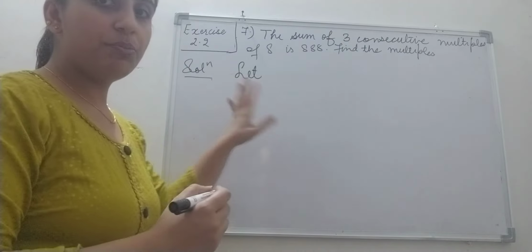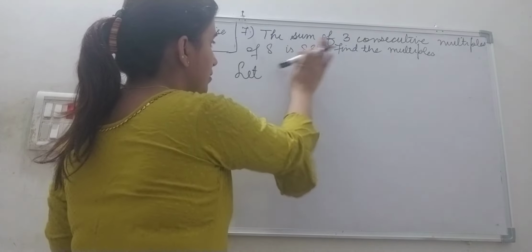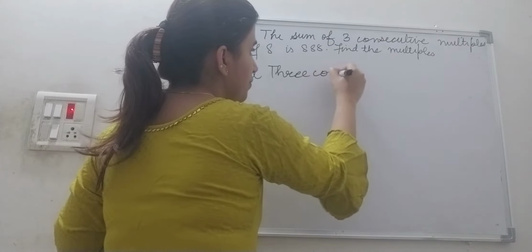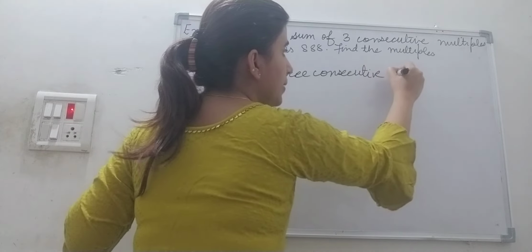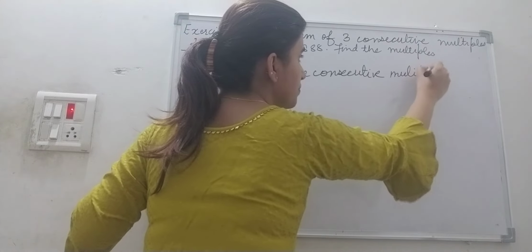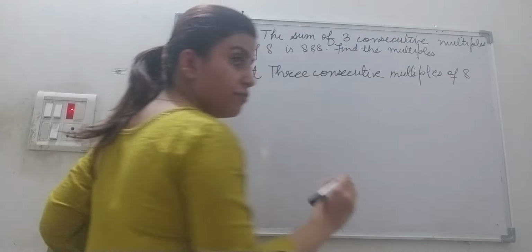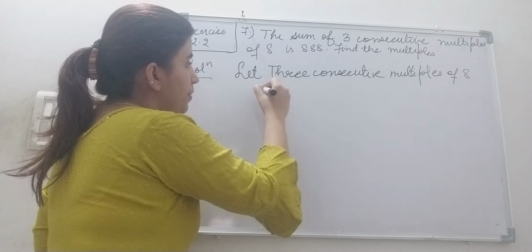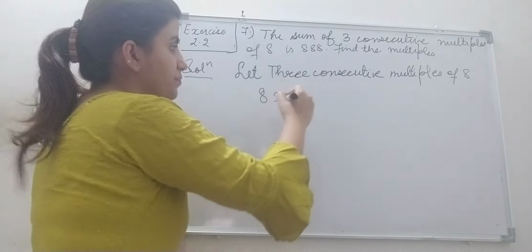So I can suppose, let the 3 consecutive multiples of 8. First, x is the first multiple, but when I multiply with 8 it becomes a multiple of 8.